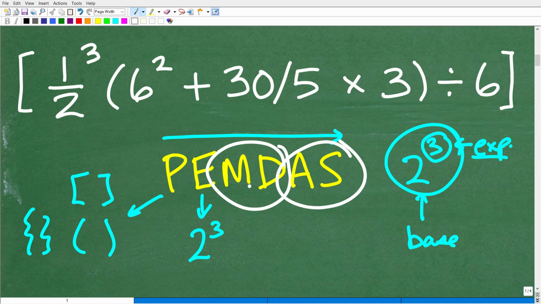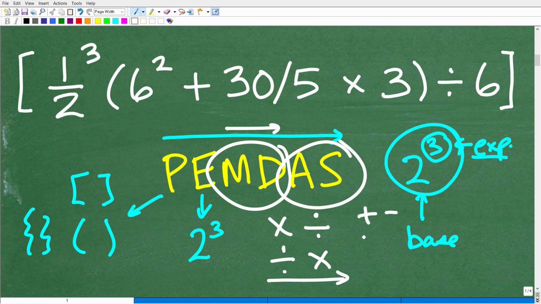So you're going to do multiplication or division, whatever you see first from left to right. Okay, this is really, really important and a very common error that students make in the order of operations. So if you see multiplication, then division, do it this way. If you see division, then multiplication, you do it this way because division comes first from left to right. Okay, and same thing with addition and subtraction, whatever you see first from left to right.